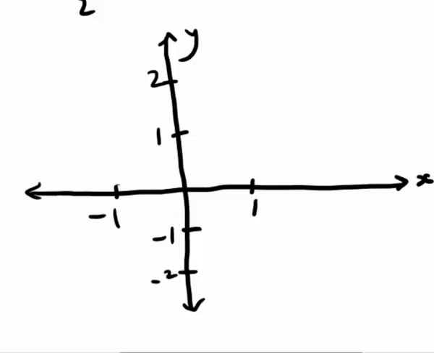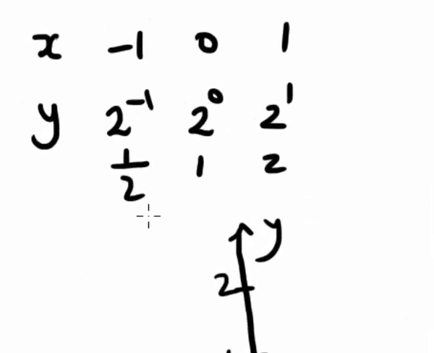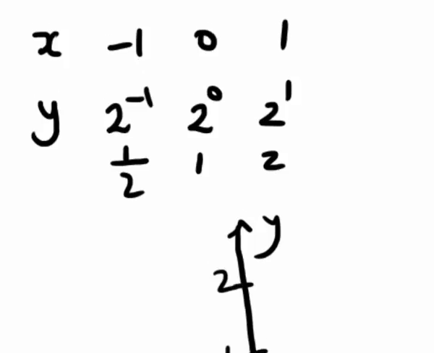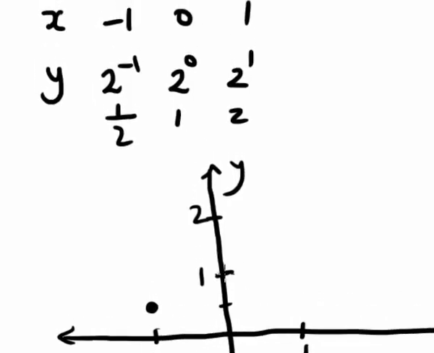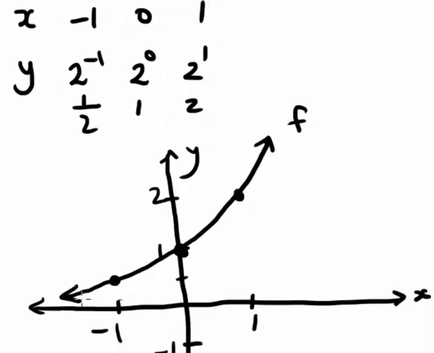If x is -1, the y value is in line with a half there. Then it's 0, 1 is there, and 1, 2 is here. So here is your exponential graph. No problem about that. That's the graph of f. That is definitely a function because a vertical line will only cut it ever once.